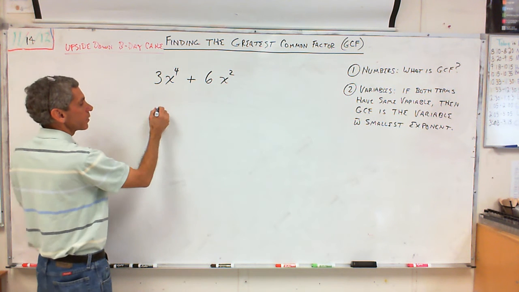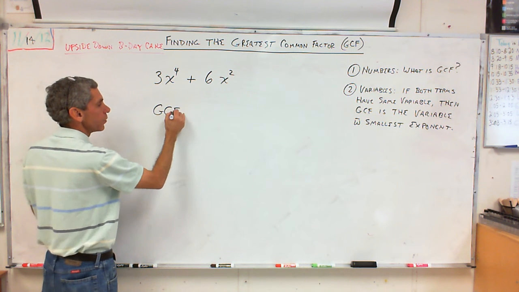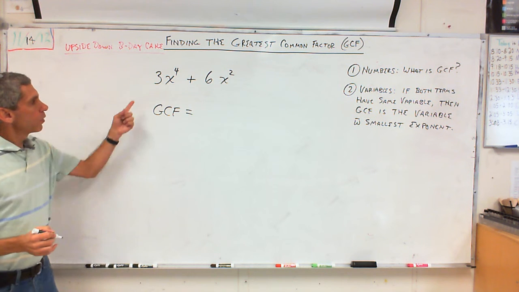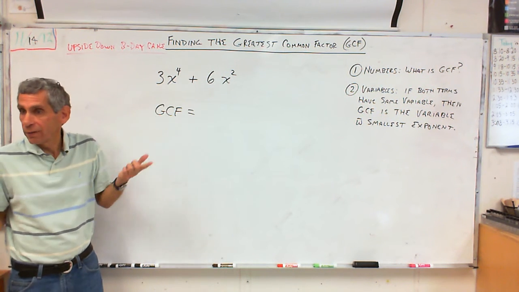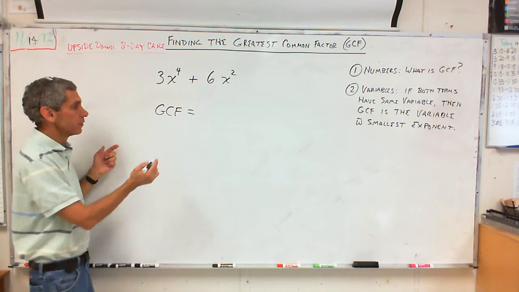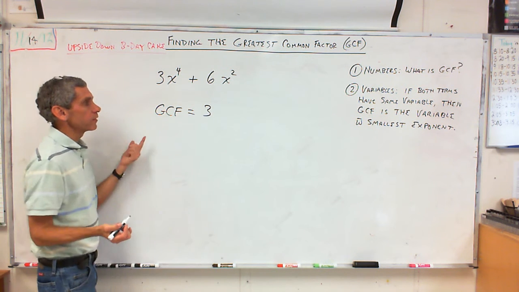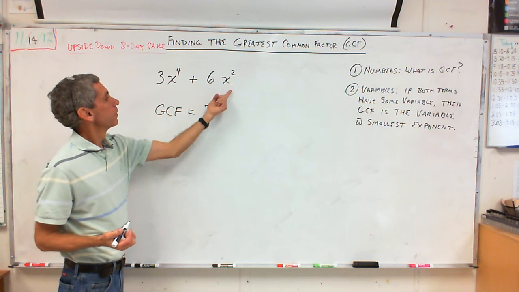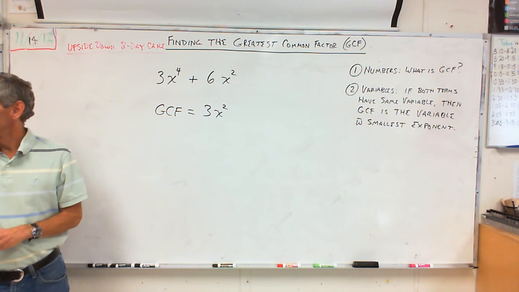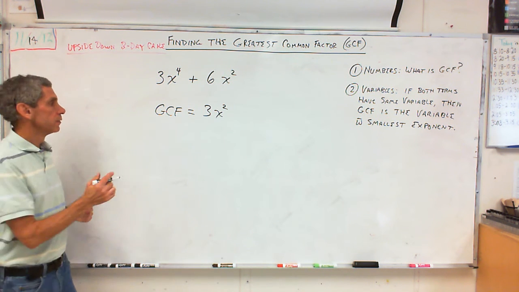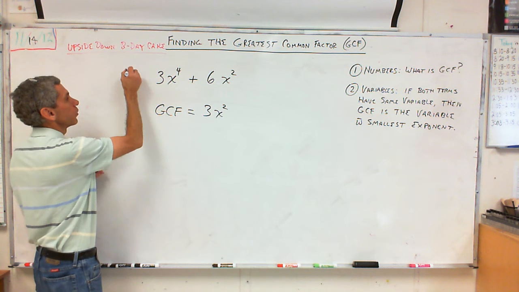So my greatest common factor, when they're simple like this, it's not that hard. What is my greatest common factor between the numbers? 3, right? Isn't that clear? And what's my greatest common factor with the variables? X squared. So look, you just did it without a birthday cake. It wasn't that hard. All right? So that's your first one.